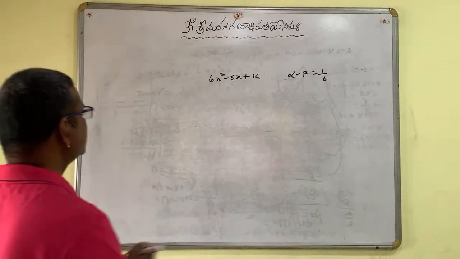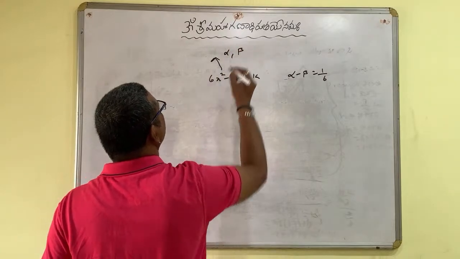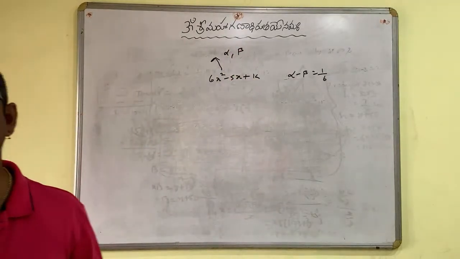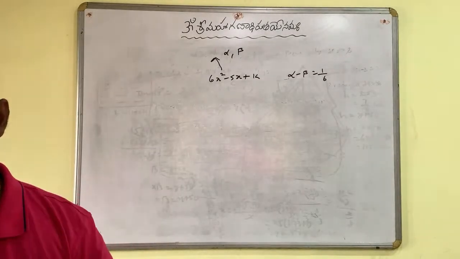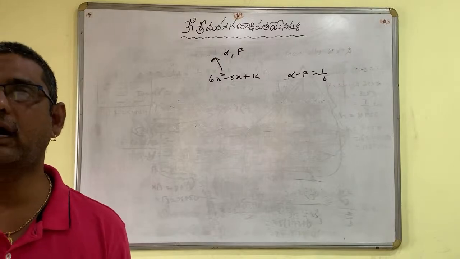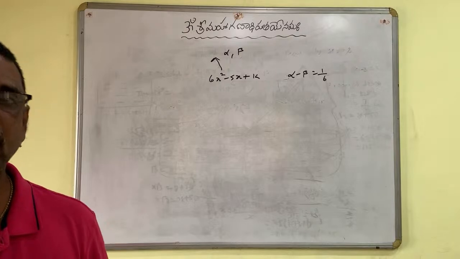And the zeros of this polynomial are alpha, beta. Alpha, beta are the zeros of 6x square minus 5x plus k. Alpha minus beta is given as 1 by 6. We need to find out the k value. How to do it, children?